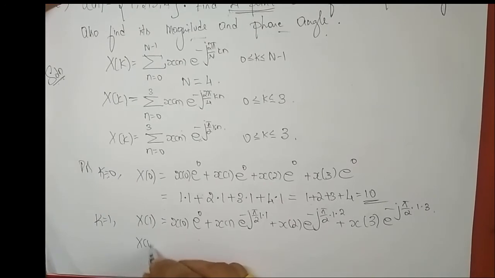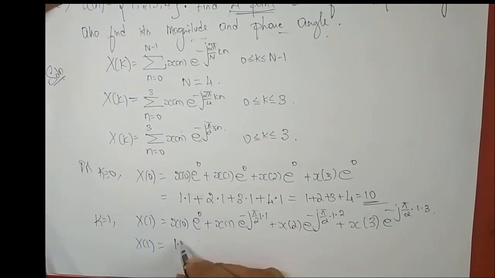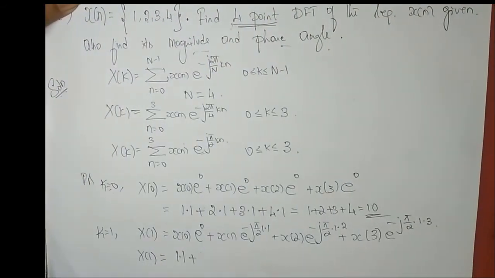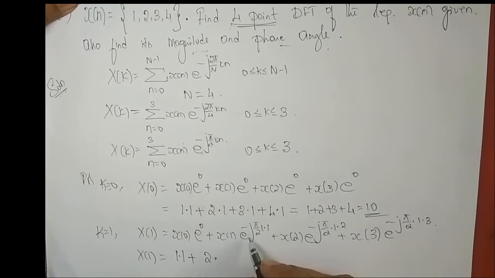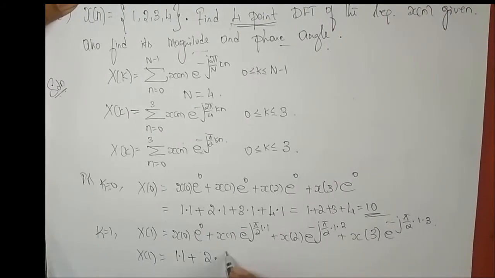So X of 1 is equal to, what is the value of x of 0? x of 0 is 1, 1 into e power 0 is 1, plus x of 1 is 2 into e power minus j pi by 2. What is e power minus j pi by 2? It is cos pi by 2 minus j sin pi by 2, so it is equal to minus j.